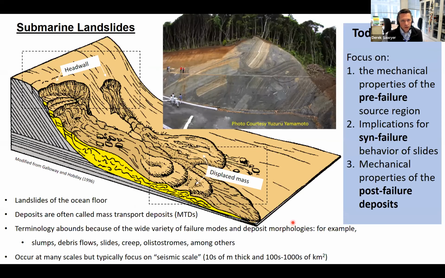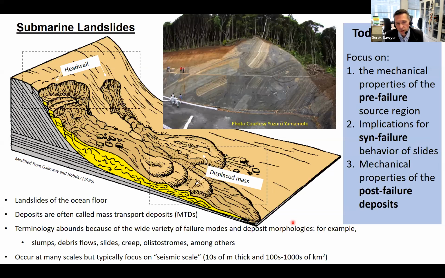A classic image here that's often in the literature when learning first about submarine landslides: they're basically like landslides on the land surface. In other words, they're just gravitational instabilities, combinations of whatever sediment is there, and the seafloor is usually unconsolidated or unlithified sediment. On land, obviously, they can incorporate rock as well.